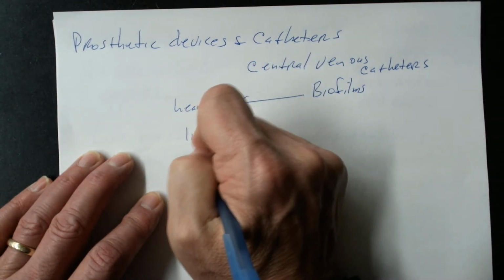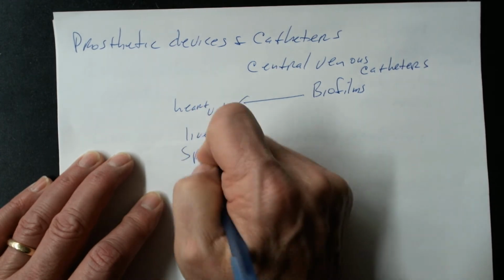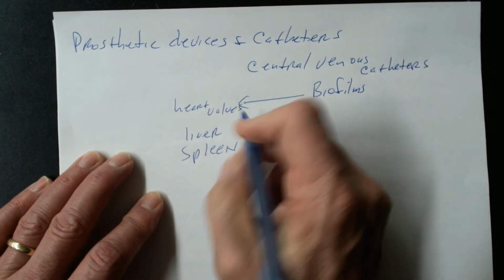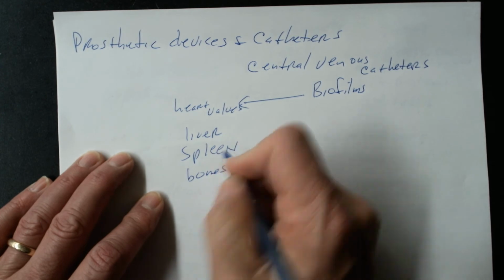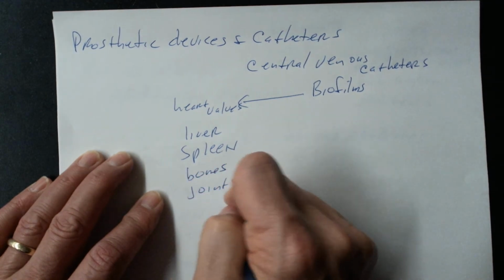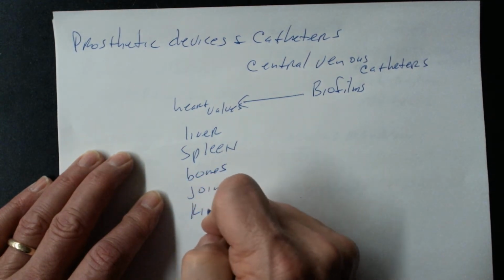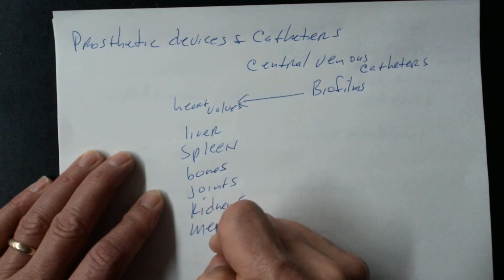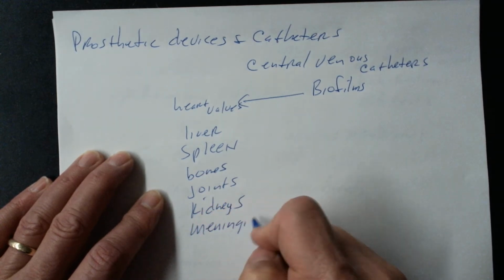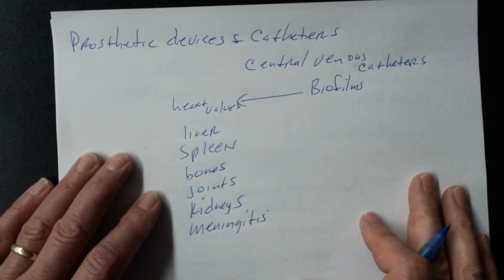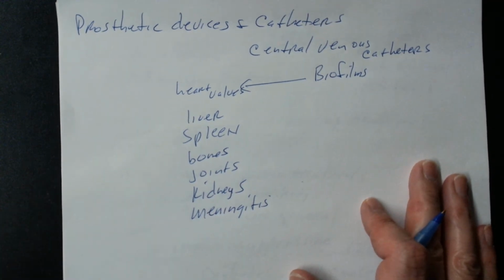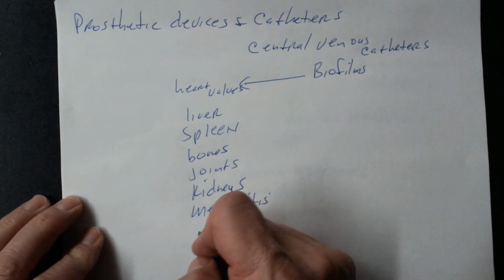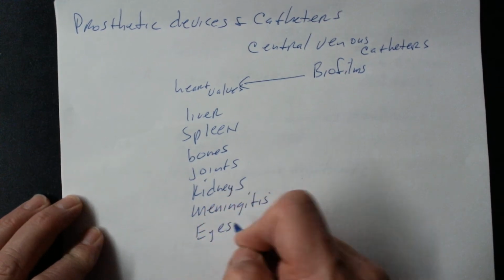They can also infect the liver and the spleen, bones, joints, kidneys. They can also cause meningitis. And they can infect the eyes as well.